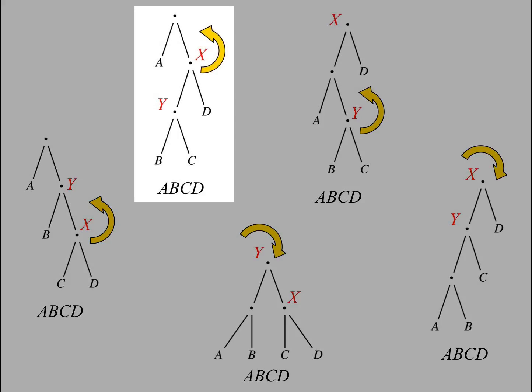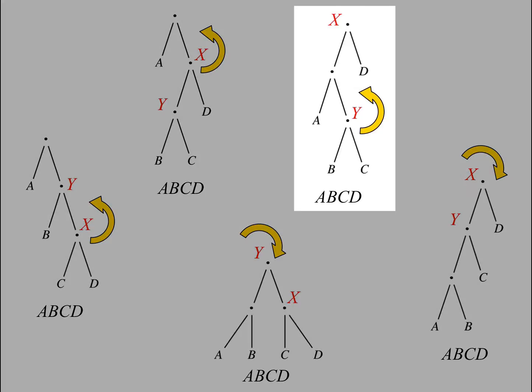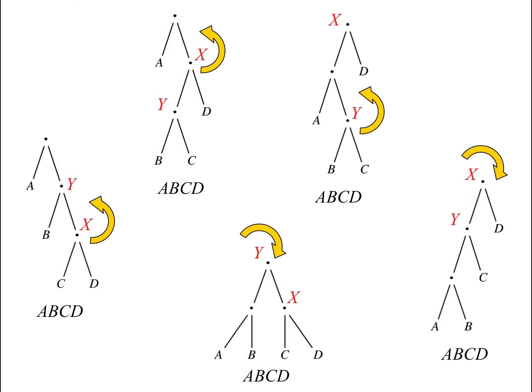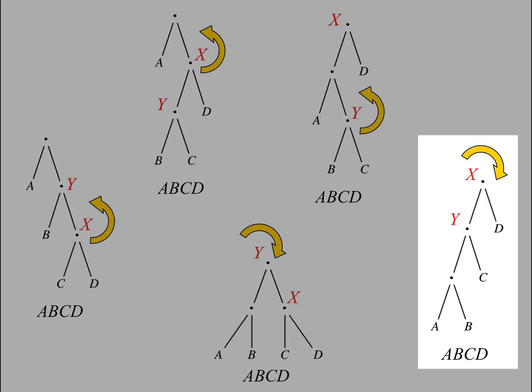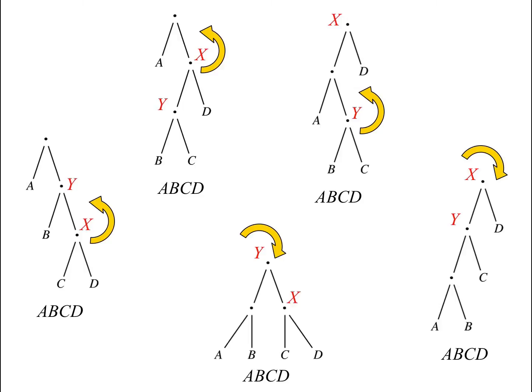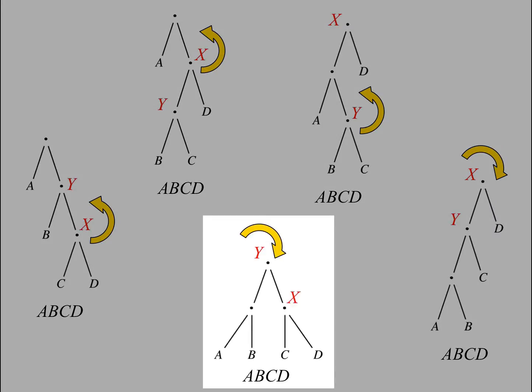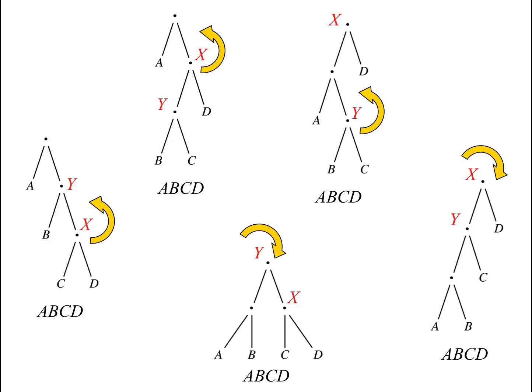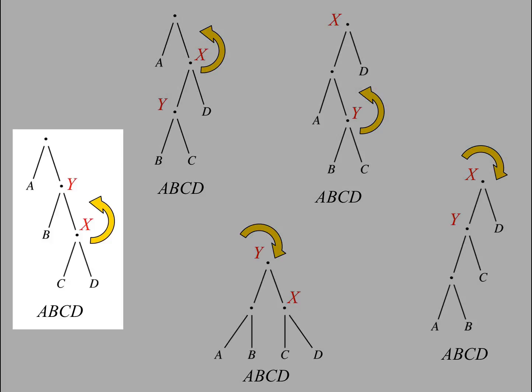If we left rotate X again, we get this dissection. If we now left rotate Y, we get this dissection. If we now right rotate X, we get this dissection. And then if we right rotate Y, we go back to the initial dissection that we started with.